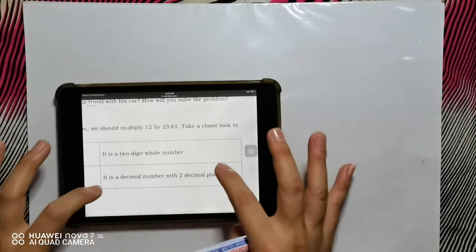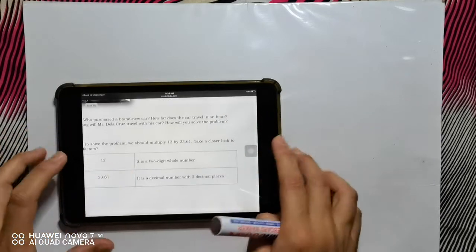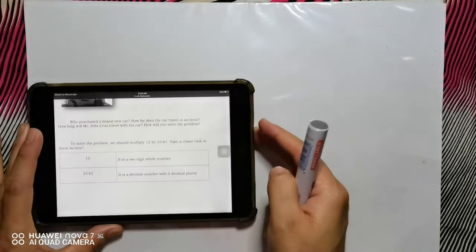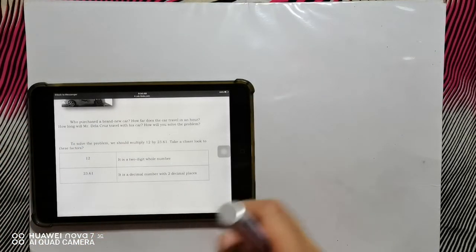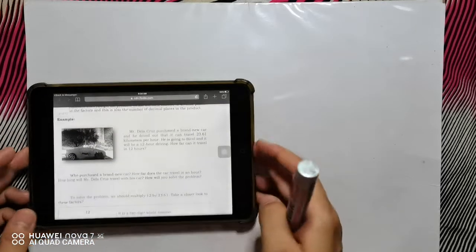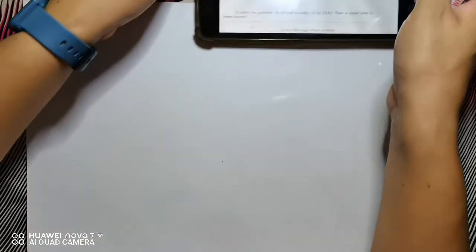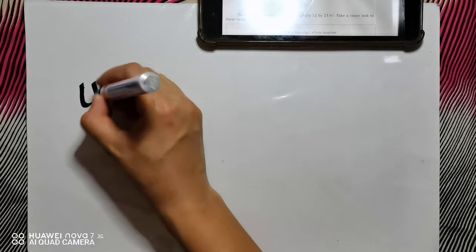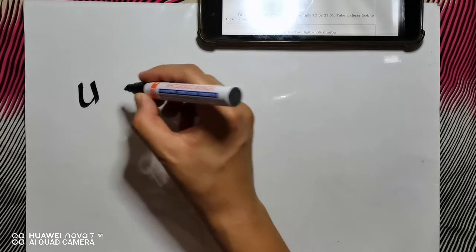So as you can see in this lesson, we are given with the data. So analyze natin yung problem para hindi kayo nalilito. So that whenever we answer word problems, you know how to do. So let us start. So number 1 is U. Okay? U is understand.